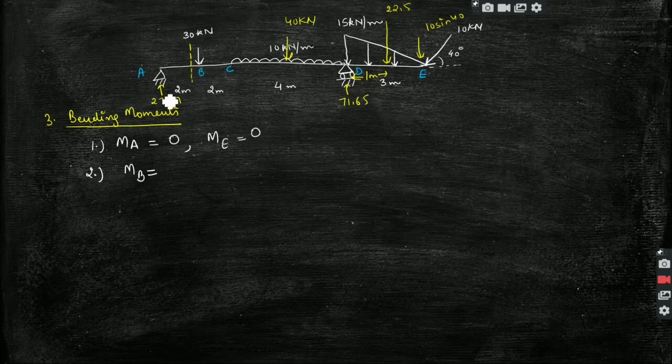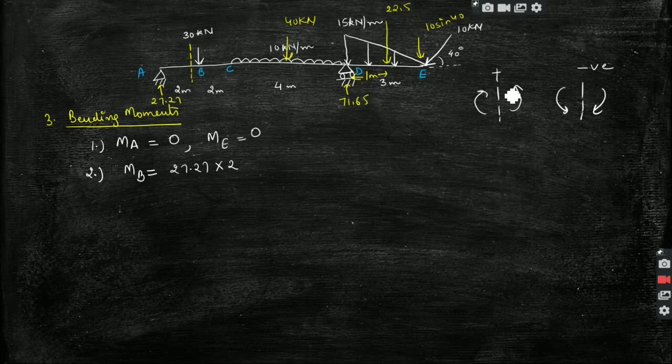There is only one force acting here, which is 27.27 into 2. Okay, and the sign convention which we are taking is this, that clockwise moment on the left and anti-clockwise moment on the right are taken positive.